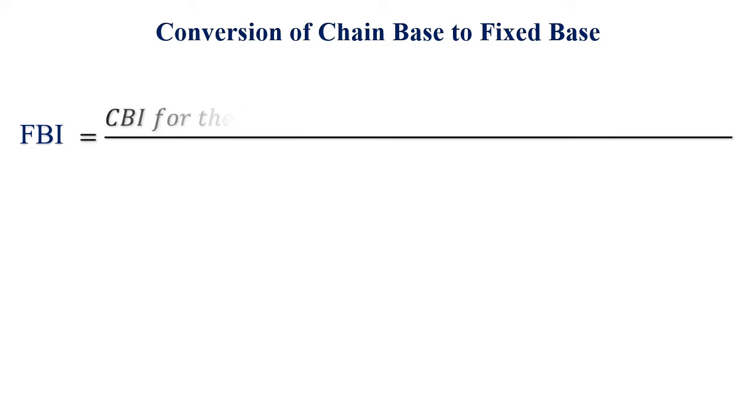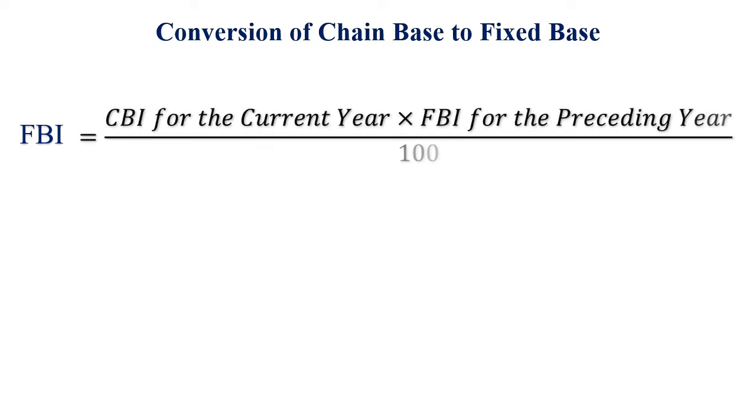Now, conversion of chain base to fixed base. So we are converting a chain base index into a fixed base index. How to do that? The formula here is FBI equals CBI for the current year into FBI for the preceding year, divided by 100. No, I have not made a mistake here.